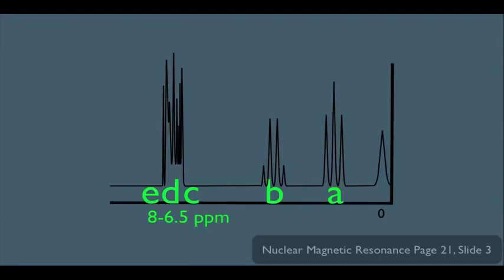What we end up seeing is all of them collected roughly near 6.5 to 8 ppm. Later on, we're going to see that sometimes this is enough information to help us predict product. We don't have to actually resolve each individual hydrogen. We'll talk more about this later.